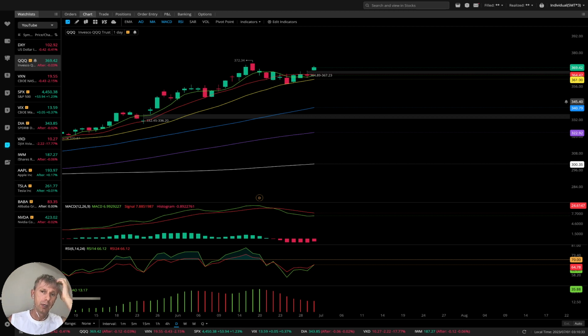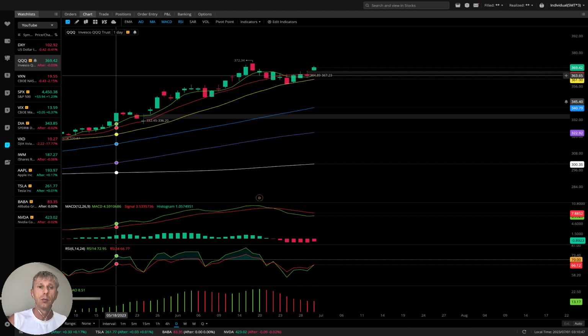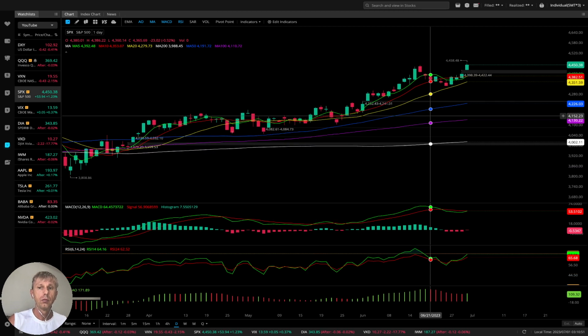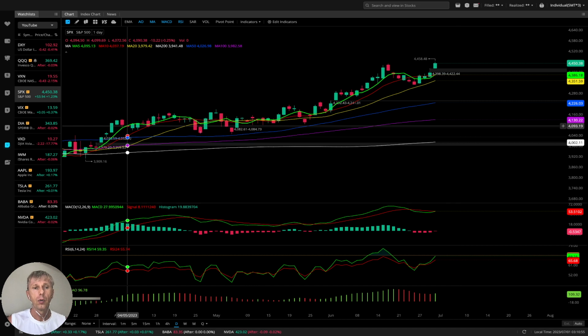No changes on weekly time frame. They still bullish. On daily time frame, they're kind of in a bearish reversal signal with no confirmation because they never moved below 20. And still kind of positive, but didn't move below 20. Still kind of bullish. Still bullish on daily and weekly time frame for all indexes.